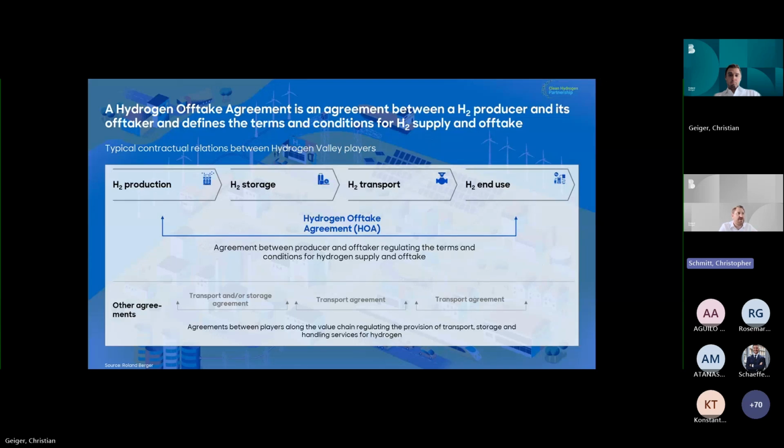There's all sorts of configurations conceivable there: transport agreements, storage agreements, combined storage and transport agreements, etc. But at the end of the day, the agreement that unlocks the commercial viability of the case and that also enables the other, secondary agreements around transport and storage is indeed the offtake agreement. So that's also the starting point of the commercial architecture of the valley or of the project.